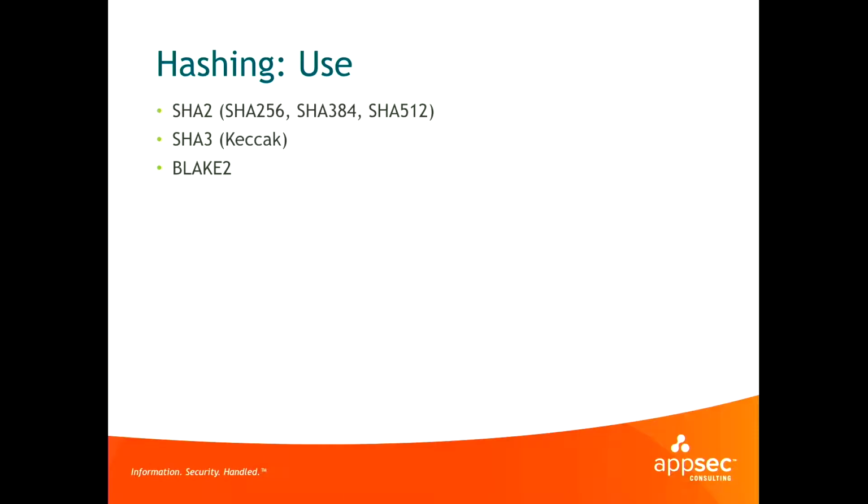Now, all these functions I've talked about so far are extremely fast. Even the slowest of these is phenomenally quick, especially with small inputs. In the vast majority of cases, that is exactly what you want. You want hashing to be as fast as possible so you can perform your validation and move on.